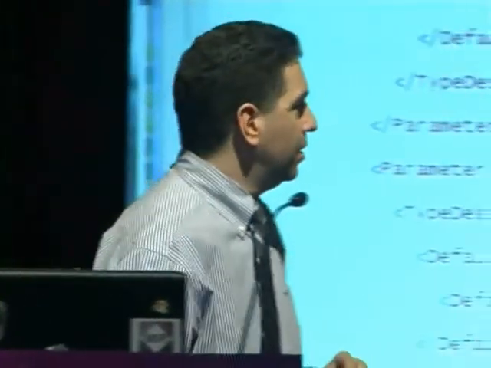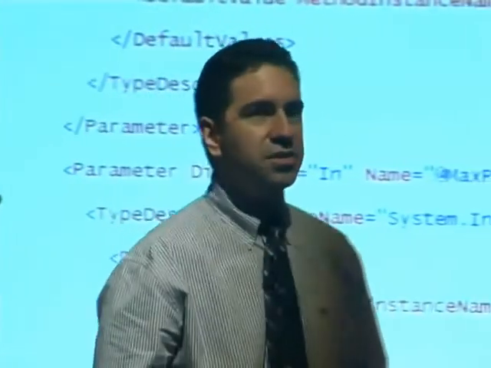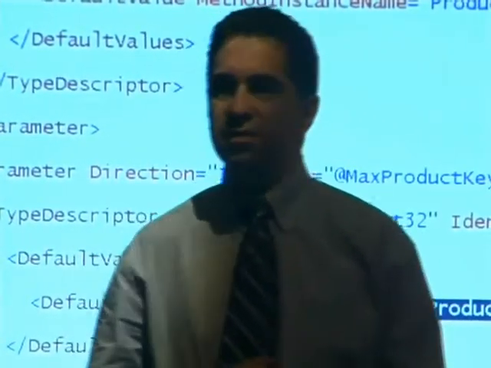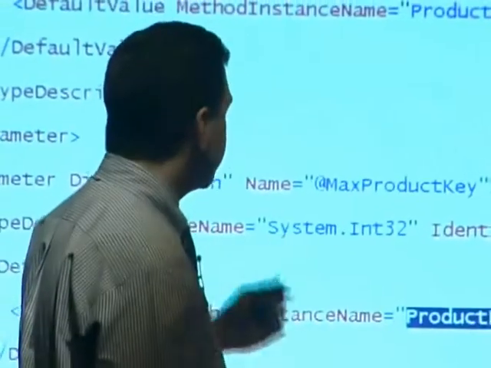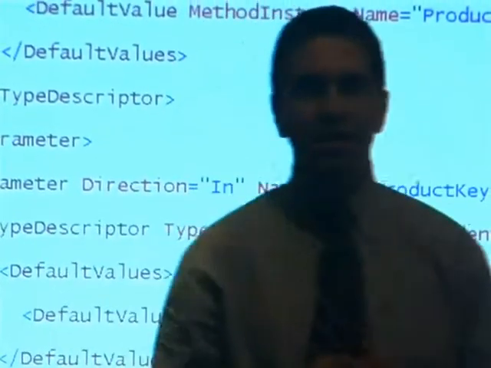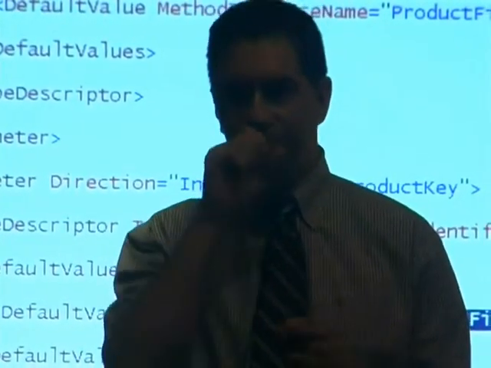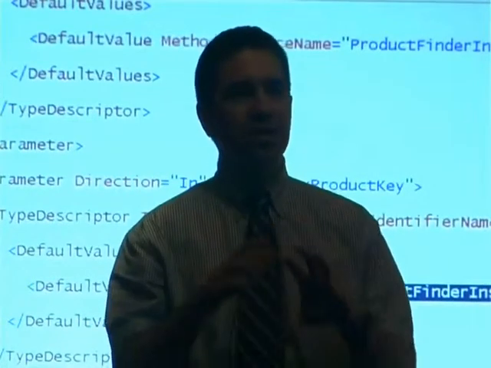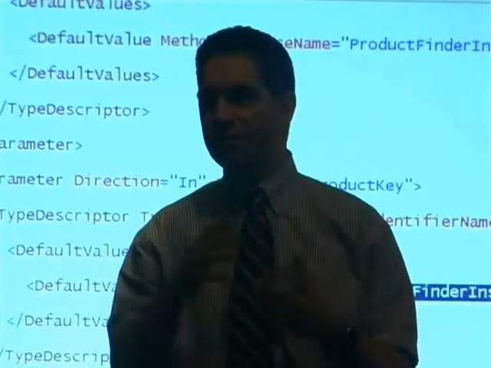That's very important because there's going to be, let's see if I can at least find the reference to it here. I'll just mention it and tell you what they are. There are two very important things to define within this application definition. Something called a finder instance. So here I see the product finder instance. The intent of the product finder is to return a set of values, a row set of values, rows and columns.